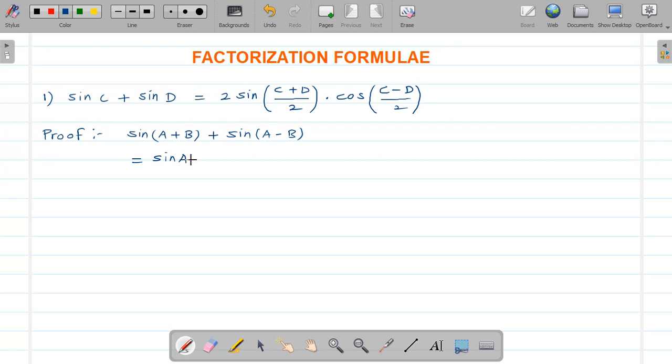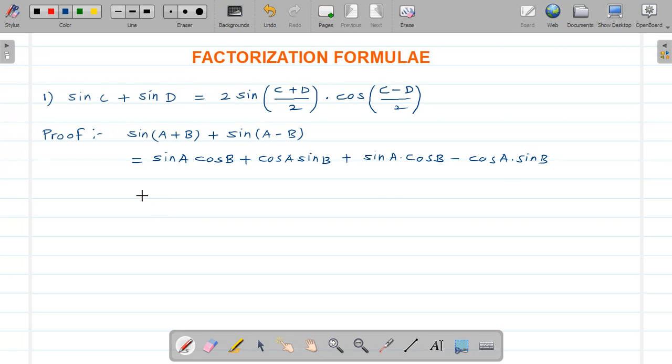It is sin A into cos B plus cos A into sin B. This is the formula of sin (A plus B). Now plus sin (A minus B) means it is sin A into cos B minus cos A into sin B.